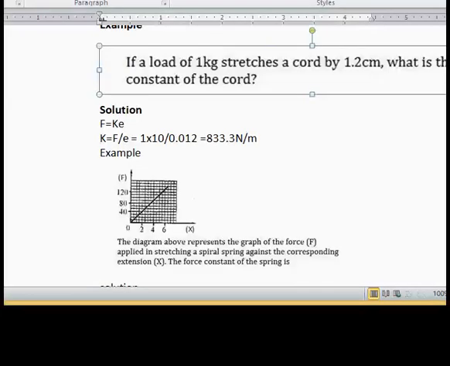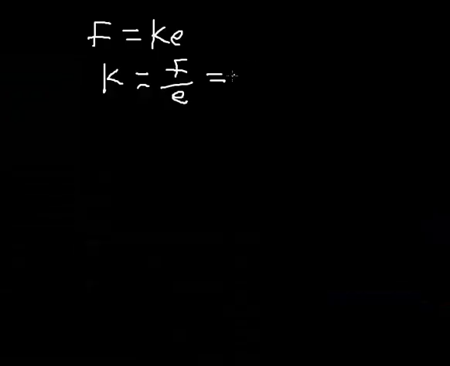So we're looking for the force constant. The force constant is going to be equal to force all over extension. So here we go. What's the force? Force is 1 kg. Remember, I have to convert this 1 kg to Newton by multiplying by 10. So that's going to be 10 Newton, then divided by the extension.